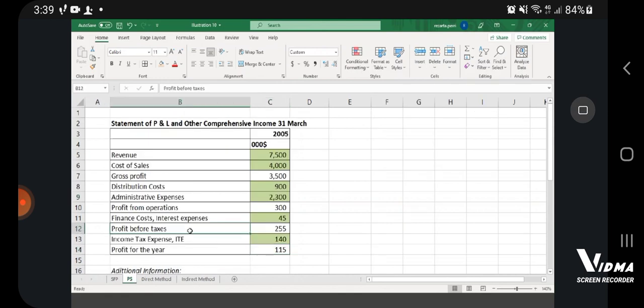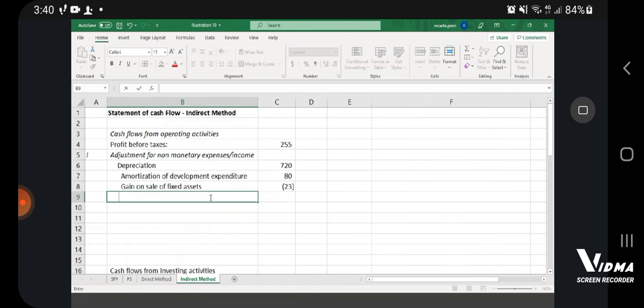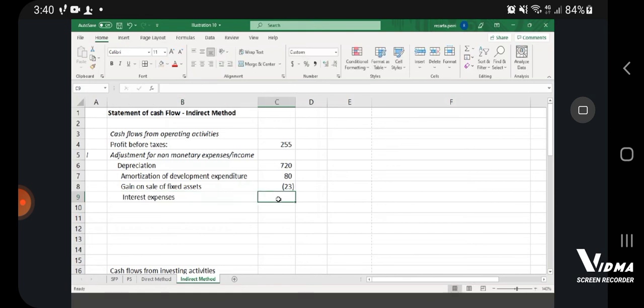Remember something else that we need to take into account. As we started with profit before taxes, and we have to add the interest paid later, we also have to annul the effect of the interest expenditure. So something else that we need to include here is the interest expenses. The interest expenses that I will include later are 45,000. They are deducted from the profit before taxes.